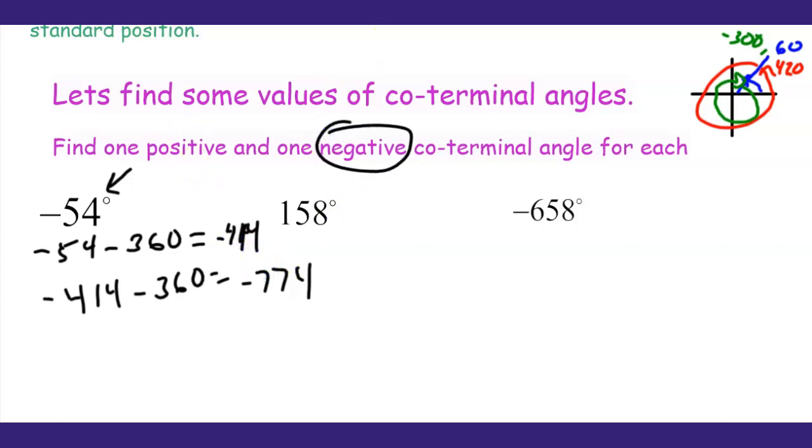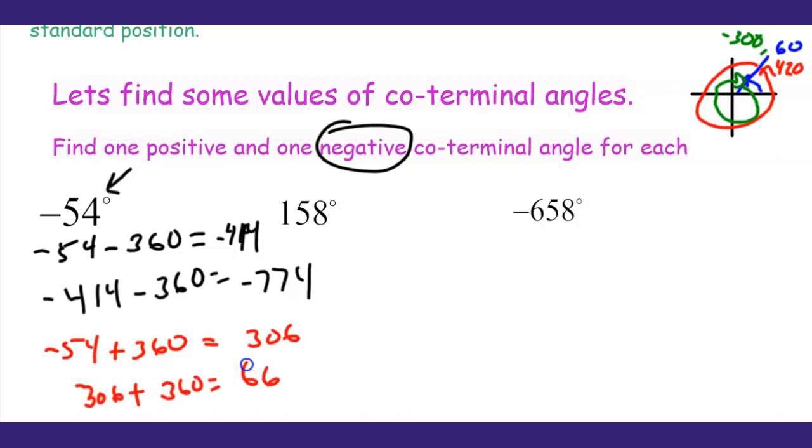Well, I want a positive coterminal angle. So to find a positive, I could do negative 54 plus 360, and that'll give me 306. If I wanted to find another coterminal angle, hypothetically, I could do 306 plus 360 again and get 666.